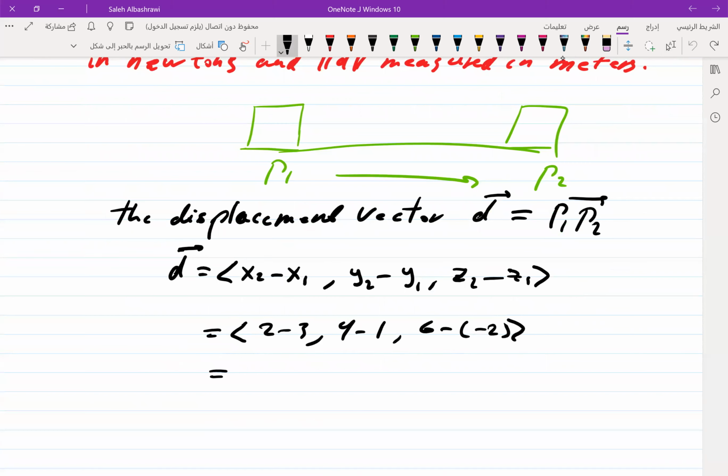This is equal to (-1, 3, 8), or using the standard basis, it is minus i plus 3j plus 8k. So this is D, and we have the constant force given there.